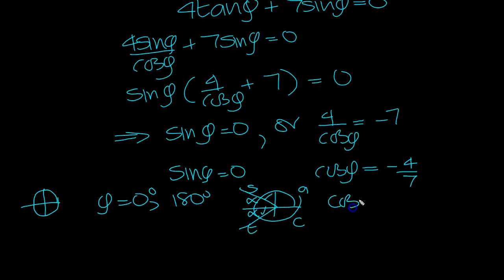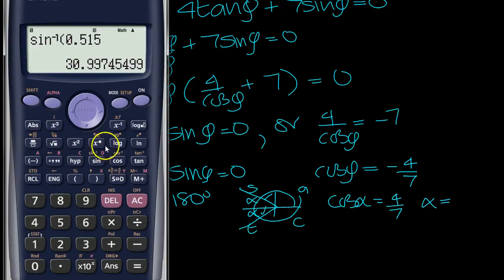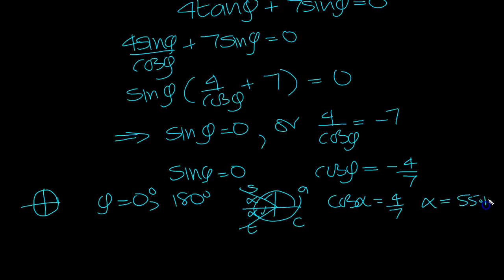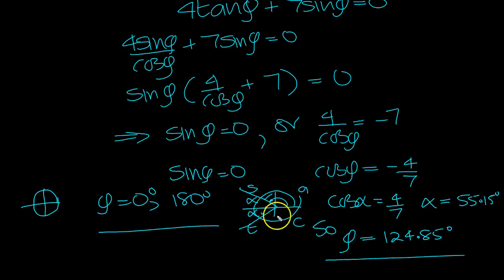So cos alpha is 4/7. Shift cos 4 divided by 7 is 55.15. So phi will equal then 180 minus the 55, 124.85 degrees. And these two solutions also.